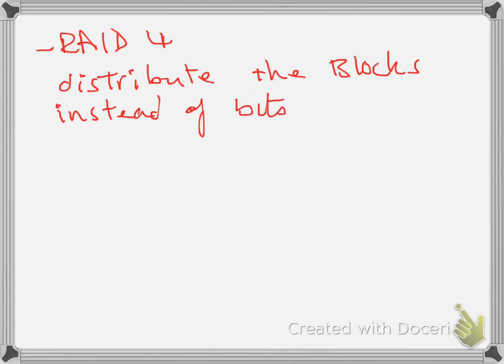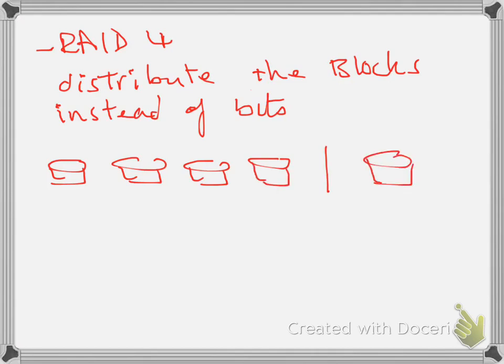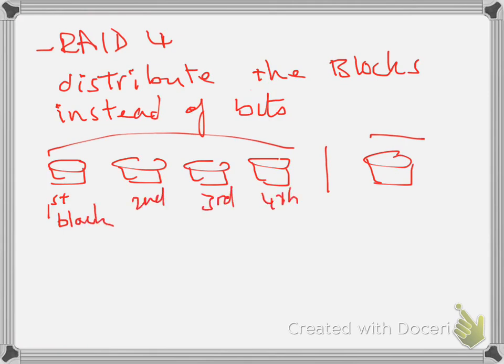So now I will have again my 4 data disks, and then I will have an extra one, but this one, as an example, will have the first block, second, third, and fourth. And again, this is what we call the block parity disk.